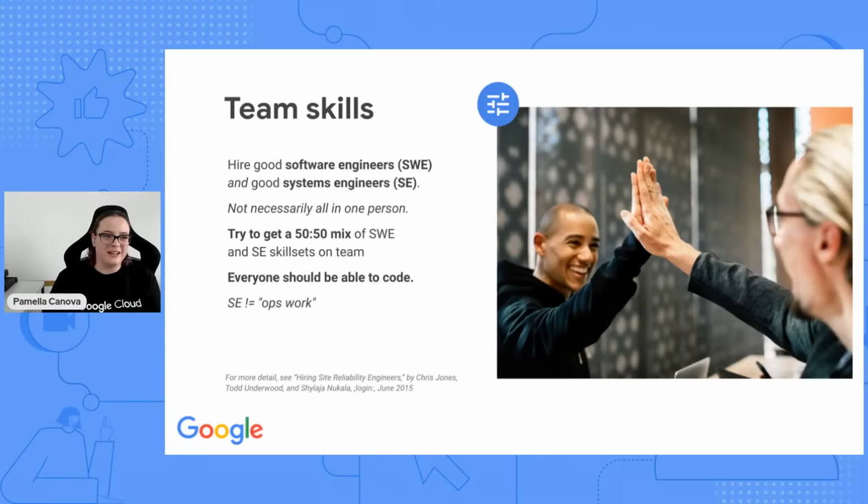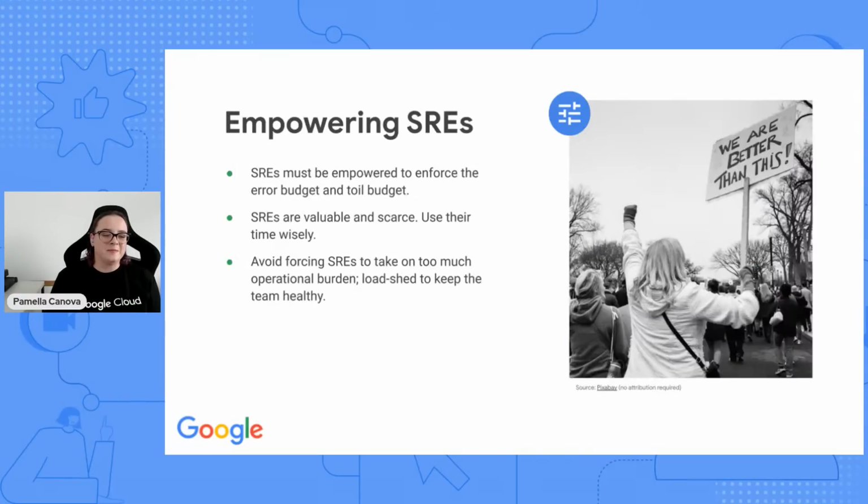It's very good that from development to operations, everyone can do a little bit of coding. And it's important to empower the SREs. They will have to have the power to enforce their budget, and also we need to see that they are valuable and scarce.